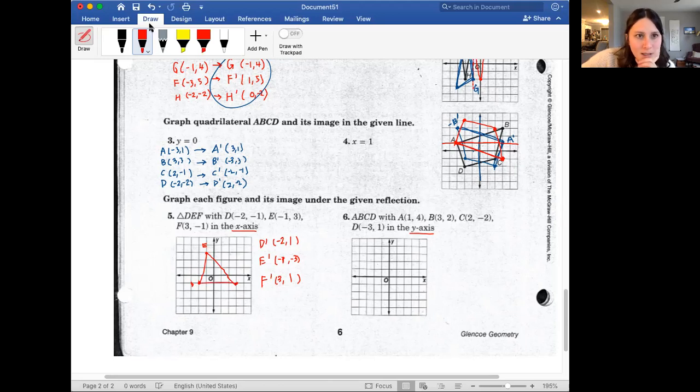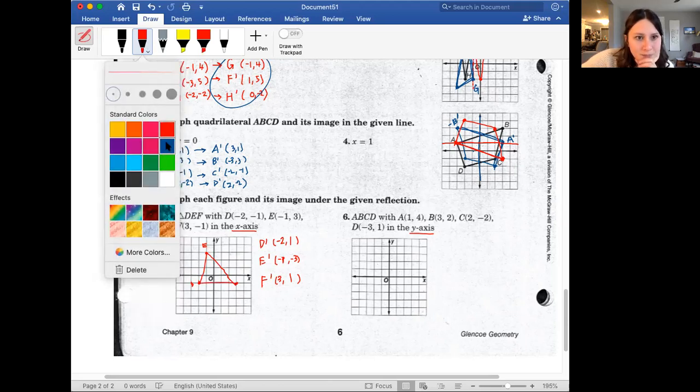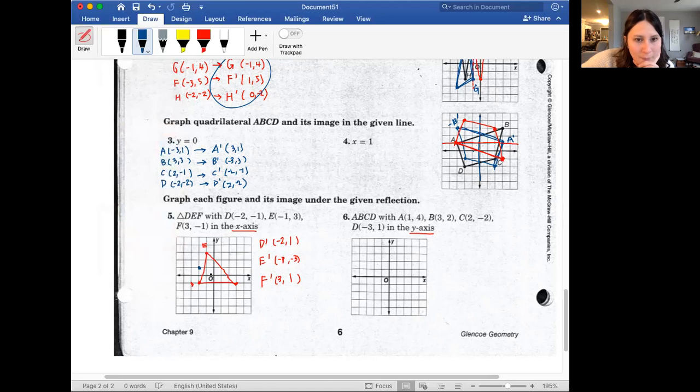Now reflecting, maybe I'll use a different color. D is at -2, 1, -1, -3, and then 3, 1. So see how that's just reflected directly across the x-axis. Looks good.